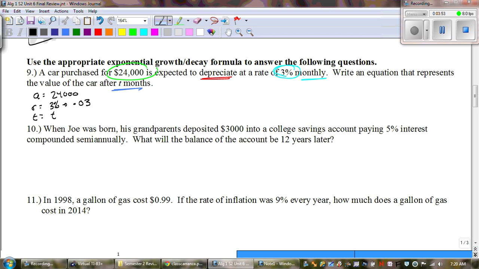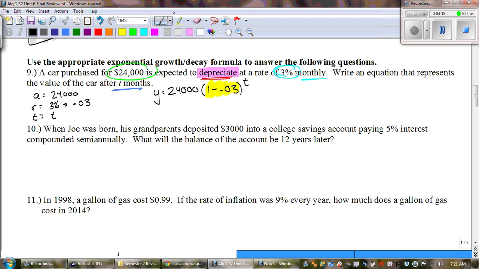Now, are we going to use growth or decay? We're going to use decay, and it's all because of that word right there, depreciate. It loses value. So y equals 24,000 times (1 minus 0.03) all to the t power. You might be like, Mr. Grice, I'm done, I got it. No, you're not.